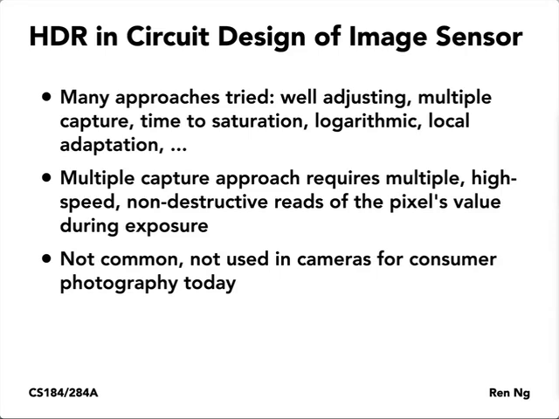And the reason is, even though these are very clever ideas and work in principle, getting them optimized to have competitive performance with the kinds of sensors we have in cameras today has proven to be pretty difficult. But this gives you a sense of the design space, engineering-wise, for HDR.